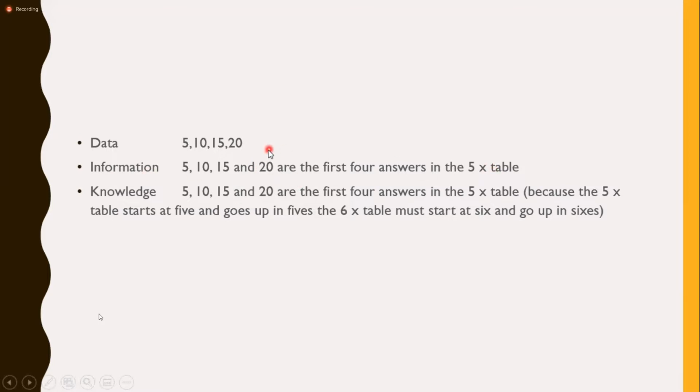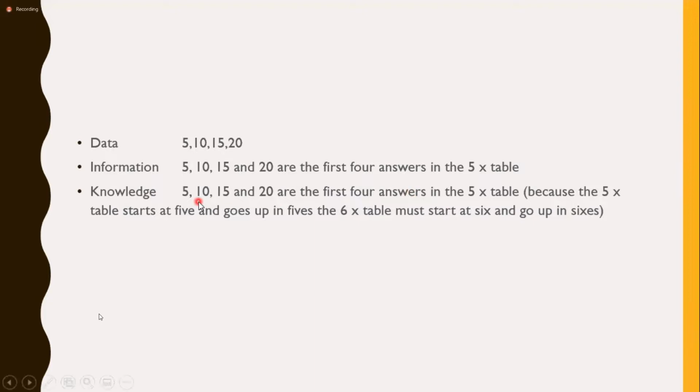Without the context, these first 4 numbers can be prices of products, 5 rupees, 10 rupees, 15 rupees, 20 rupees, or weights of items, 5 kg, 10 kg, 15 kg, 20 kg. We don't know. Only if context is given is it treated as information.